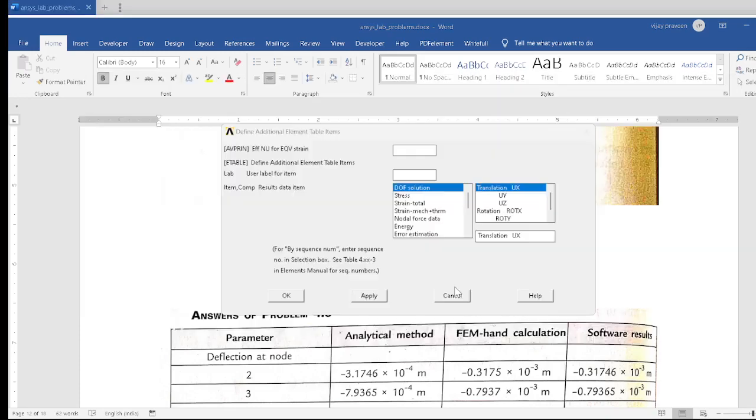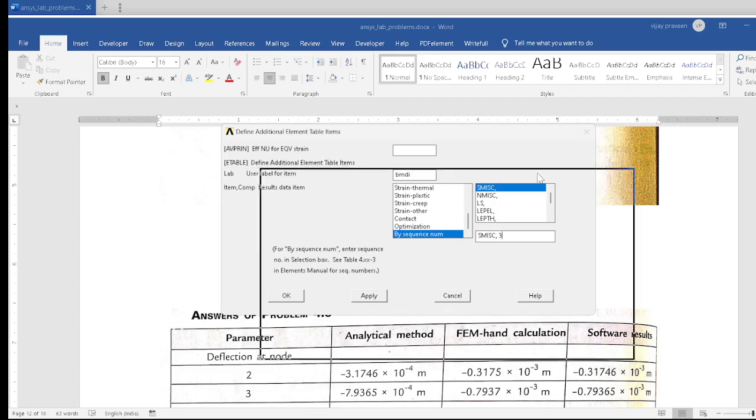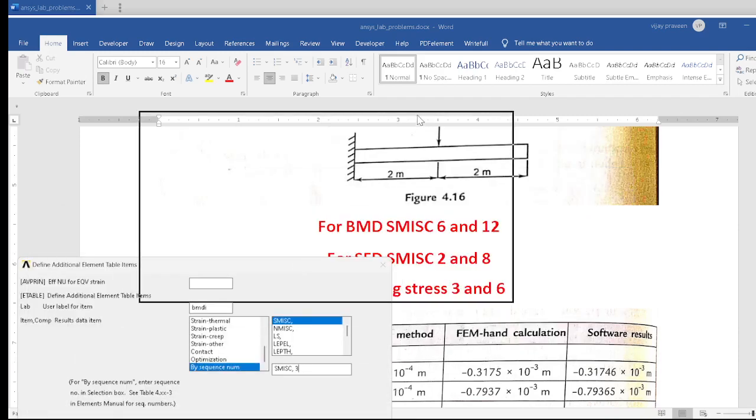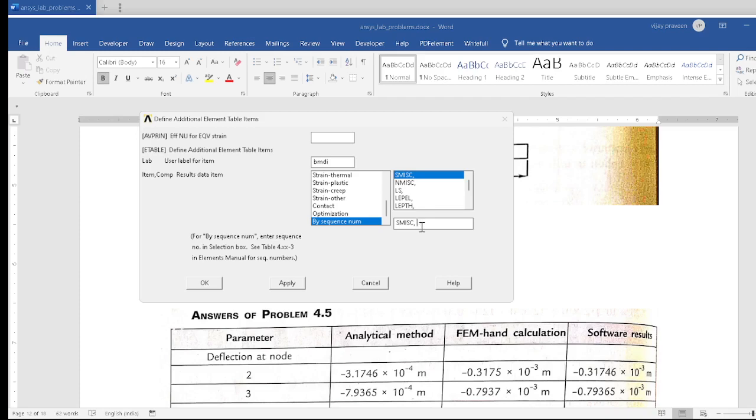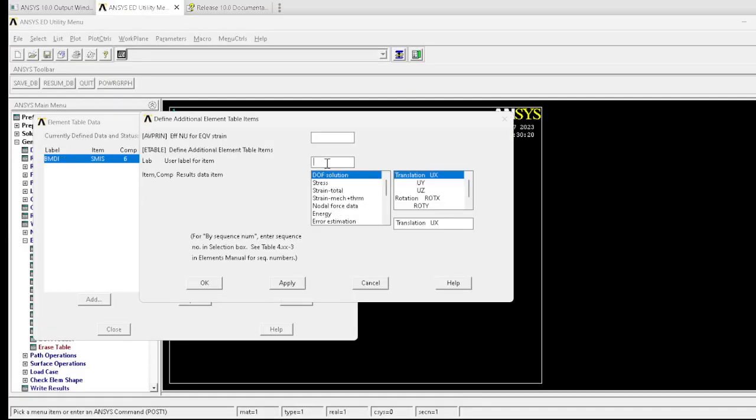So let me see, BMD I node, by sequence number and SMIC comma 6 comma 6, press apply. Again BMD for J node, this is just for our reference.